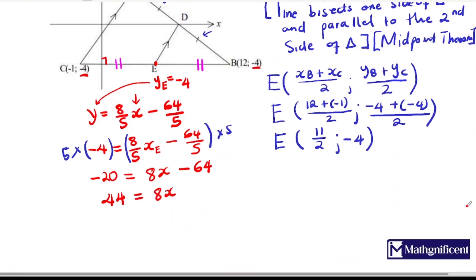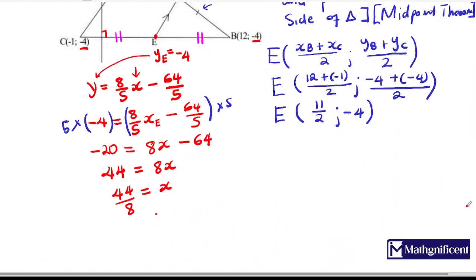So now we know that we have to divide both sides by 8, so that we are going to have x here, and 44 divided by 8. Then from this, what are we going to get? We are going to get x equals, remember, the common factor of 44 and 8 is 4.